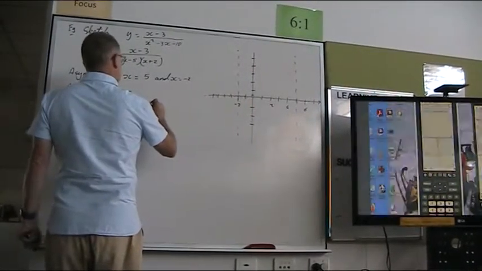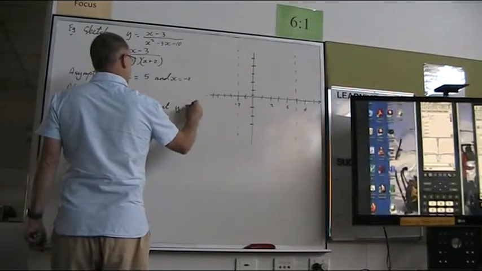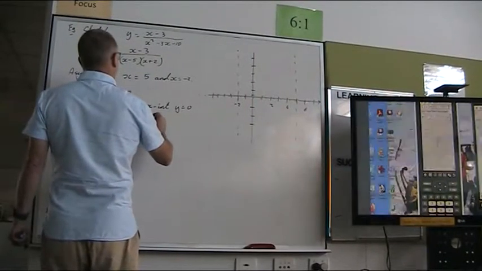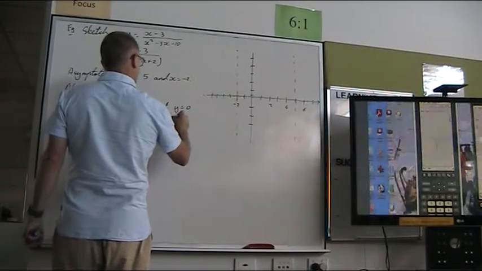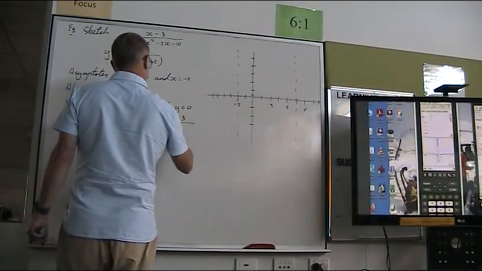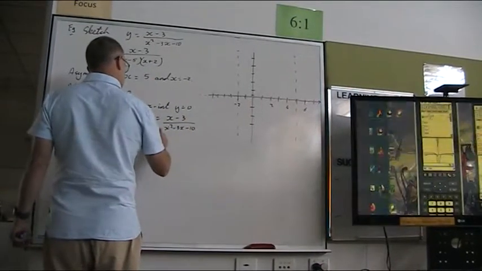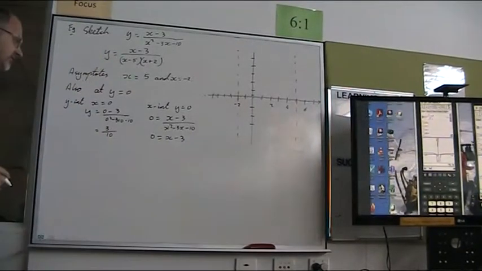So our x-intercept is when y equals 0. And what have we got? We've got 0 equals x minus 3 over x squared minus 3x minus 10. Times both sides by the denominator, you get x minus 3.